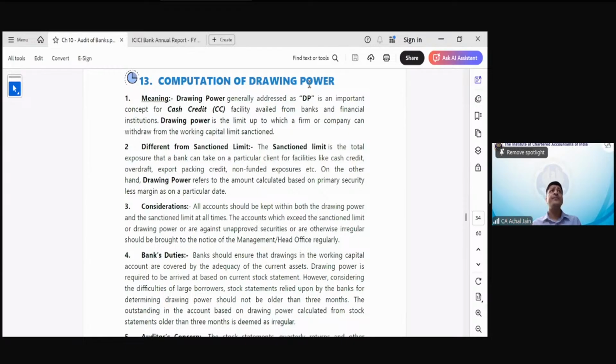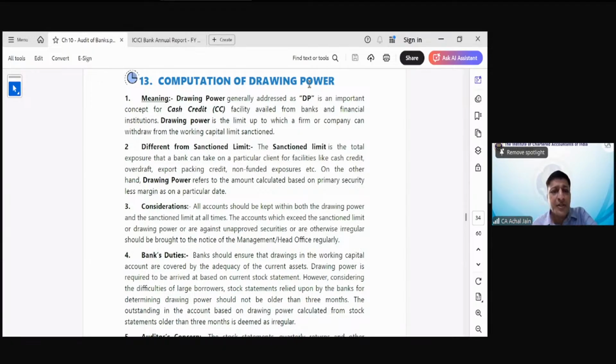It is one subset of the sanctioned limit, means it's lying within that sanctioned limit. So in a sanctioned limit of 20 crore, drawing power could be 15 crore, meaning the firm can draw only 15 crore.